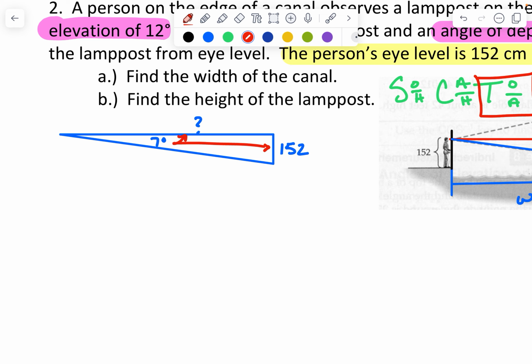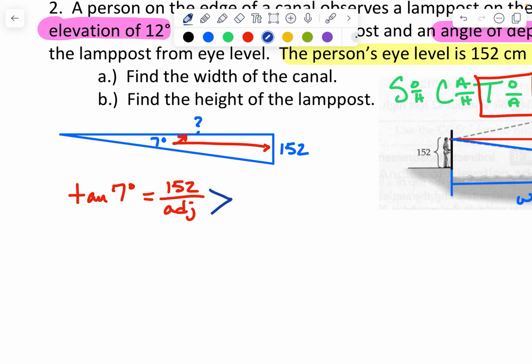So the way you would write this out is you would say the tangent of this 7 degree angle equals opposite over adjacent. Now, when you are solving these, you could rearrange it algebraically, or you could recognize it would be really nice if these were flipped.